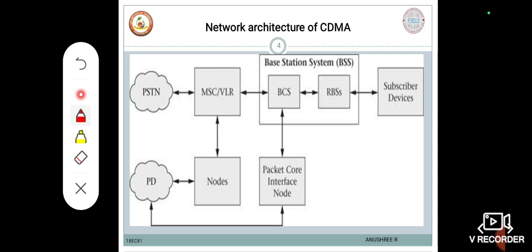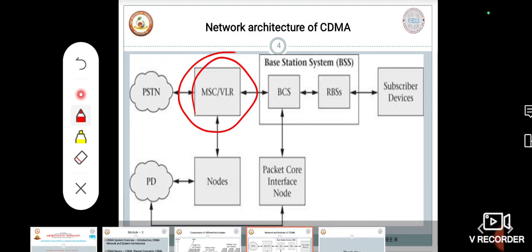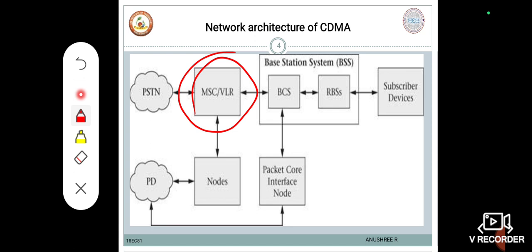Now, looking into the major network components of a CDMA2000 wireless system, we have the mobile switching center and the visitor location register. Here we can see the MSC and the VLR.